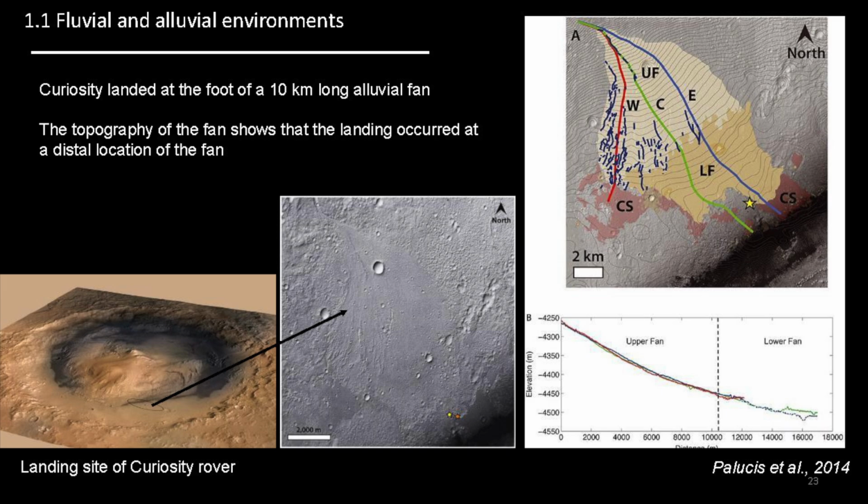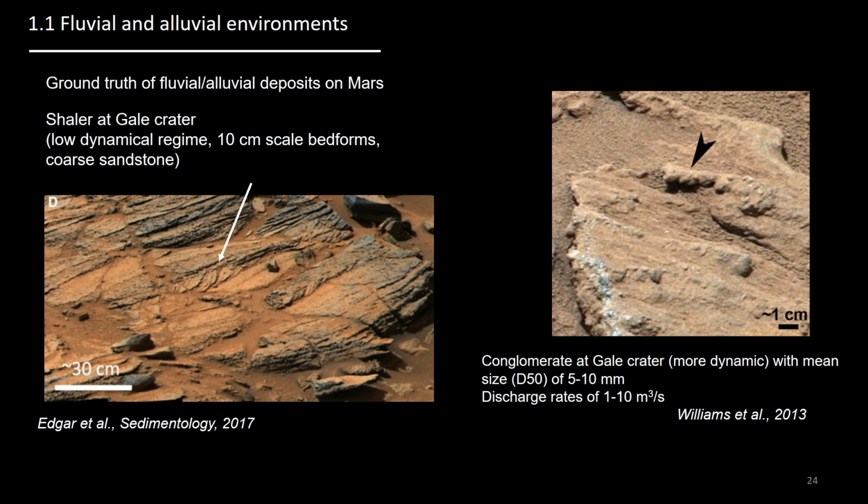And I take advantage of this image to show you that the fan has a very stable, slightly concave profile in topography. Okay, that will be very different from a delta deposit that we will see in a few minutes. And what we have been able to see with the Curiosity rover already 10 years ago is this kind of stuff here. You can see pebbles, a few centimeters thick, and look at them.